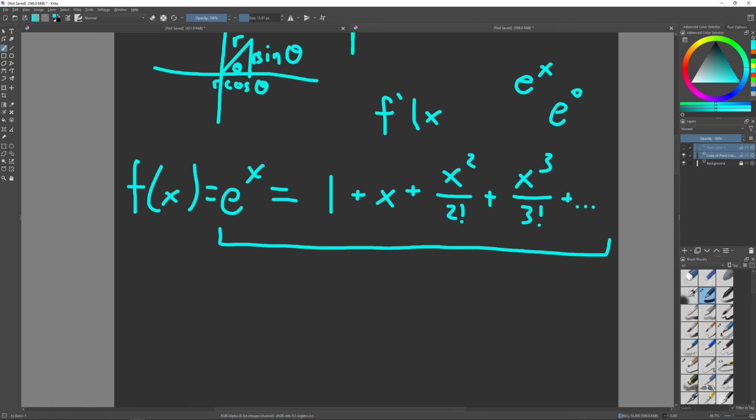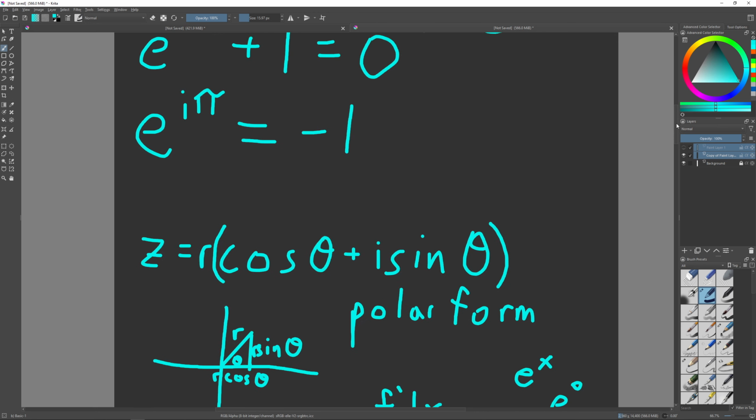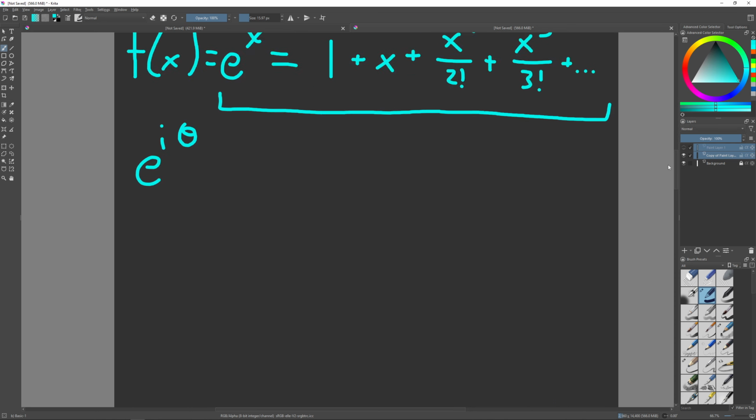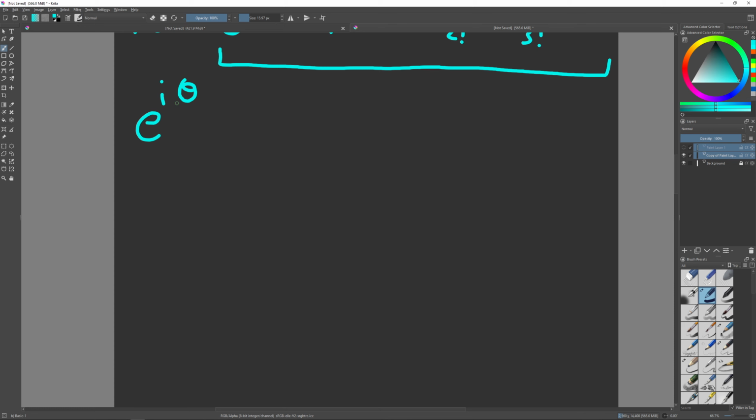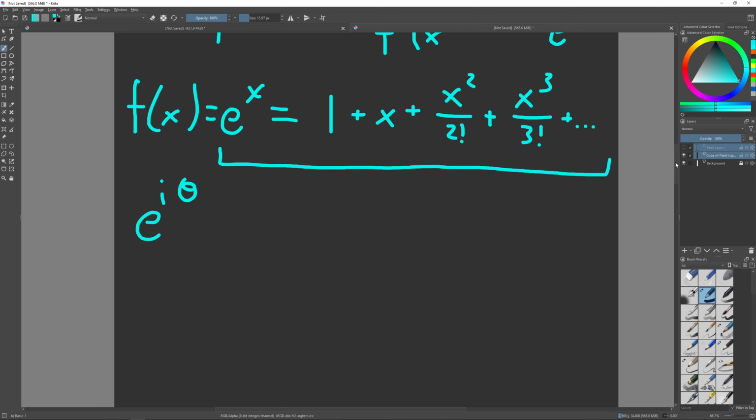So if I have e to the i theta, which is, I suppose, an interesting idea, if you're looking at this formula, maybe we'll plug in an i theta for x. Maybe I'm mixing things up. I'm trying to give a justification. Anyway, Euler was a genius and he decided to calculate this.